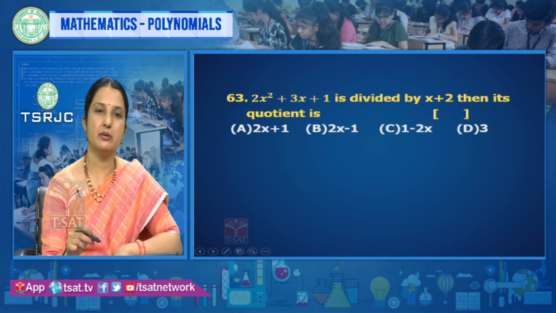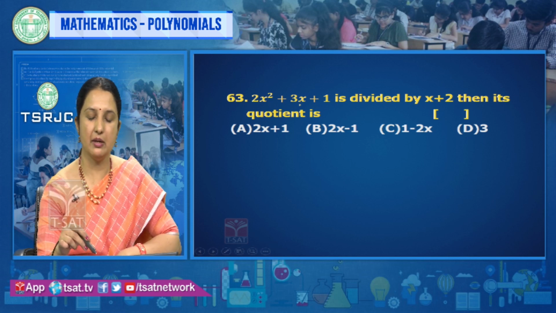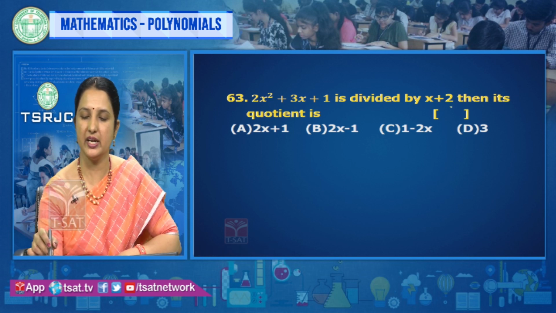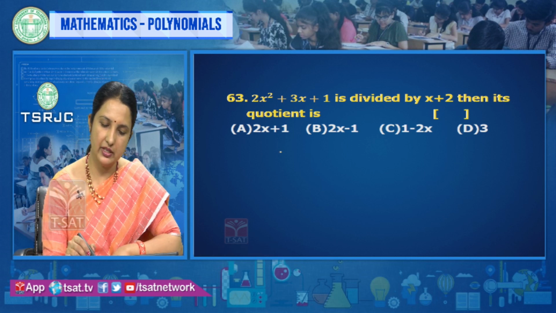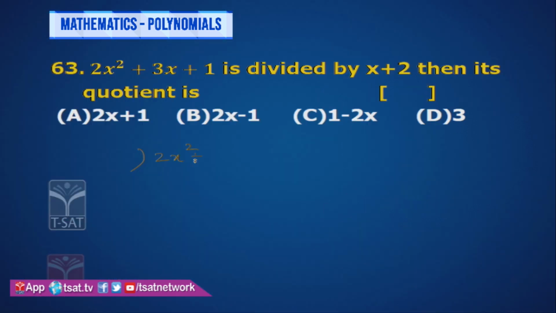Next, question number 63. 2x square plus 3x plus 1 is divided by x plus 2. Then its quotient is. So when you divide 2x square plus 3x plus 1 by x plus 2, what will you get as a quotient? Okay, see, when you multiply x with 2x, you will get 2x square, no?